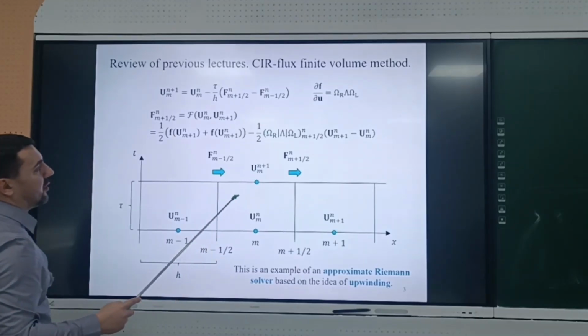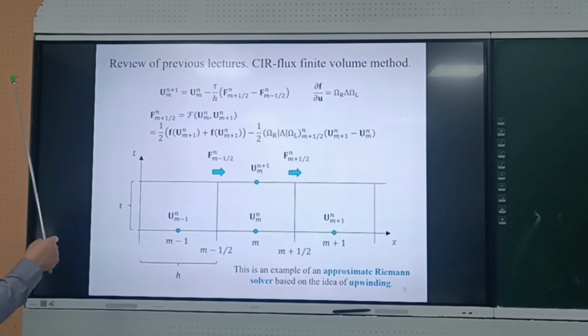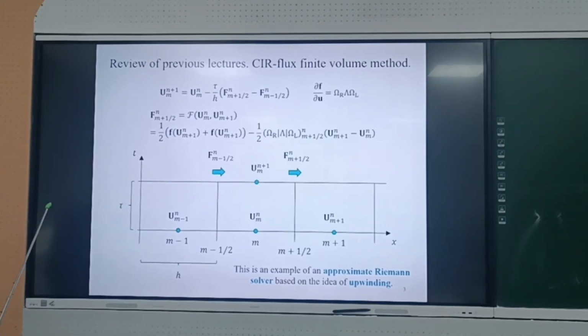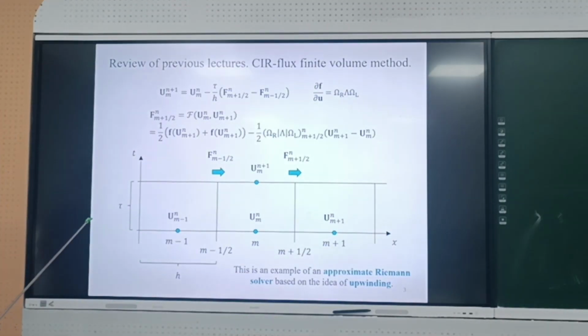It's a diagonal matrix with absolute values of eigenvalues on the diagonal. And for this solver, we do not need to find all these approximate states. We just obtain directly the formula for the numerical flux.